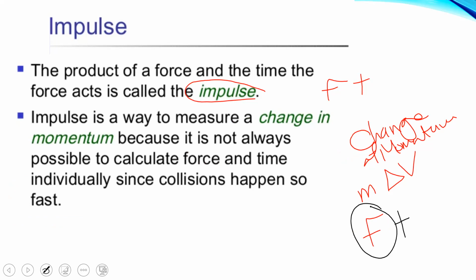So sometimes when I can measure the force, I can find the change of momentum. If I find the change in velocity, I can find the change of momentum. So to find the change in momentum, I can find the change in velocity or the force.